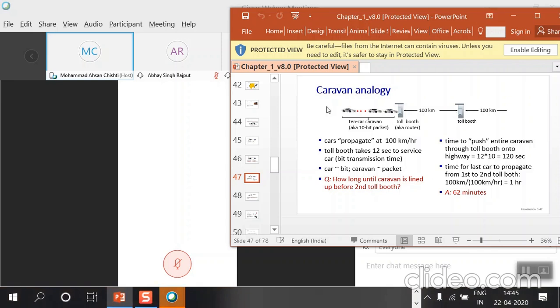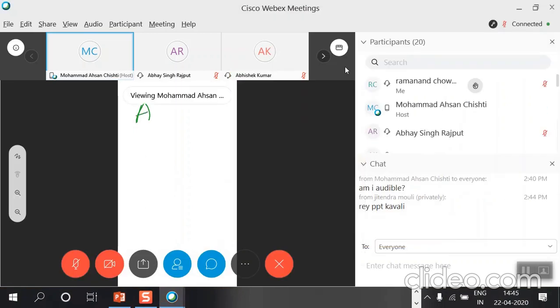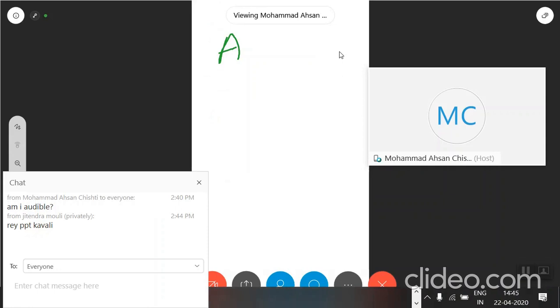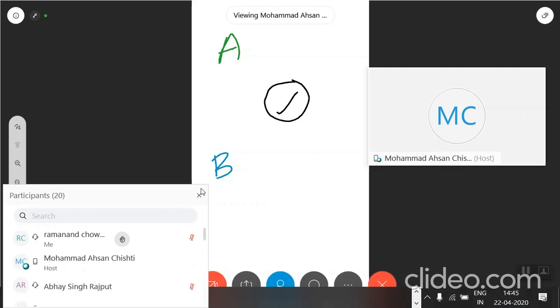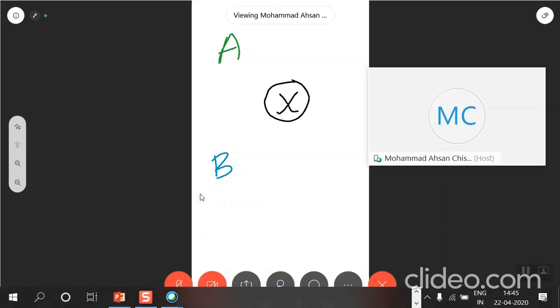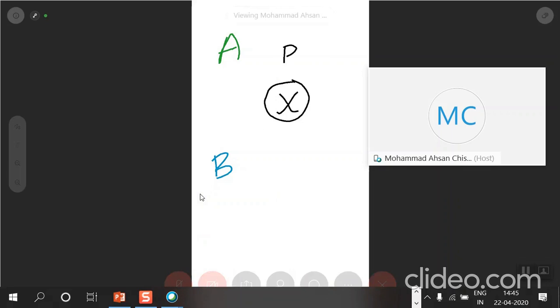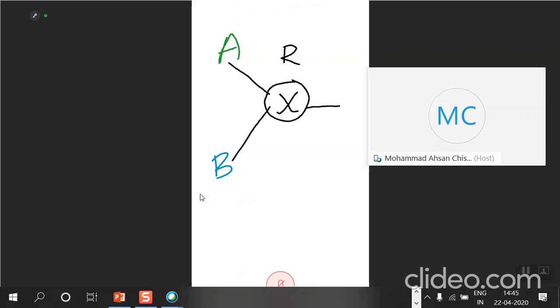I have a node here that is A. I have another node here which is B. Try to understand this. I'll try to be slow in making you understand what packet loss here is. This is our router. I denote this by R. These are my links connecting this to the destination, and the destination is C.